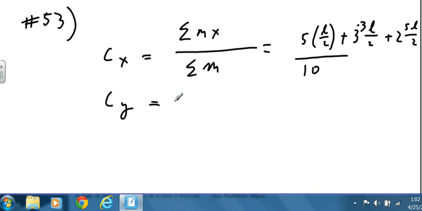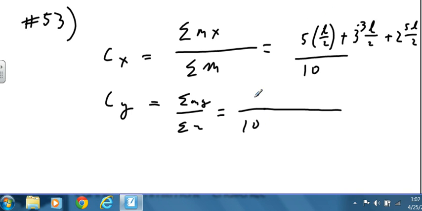And in the y direction, I want the sum of the masses times y divided by the sum of the masses, and that's going to be over 10 again, because I have 10. And then I'm going to have 1 times L over 2 plus 2, 3L over 2 plus 7 at 5L over 2.